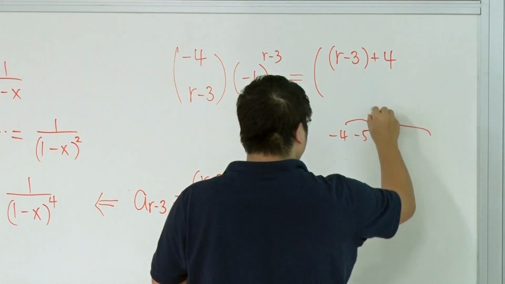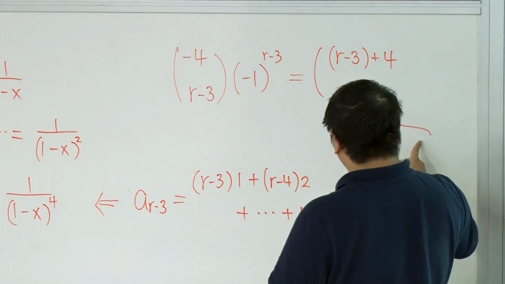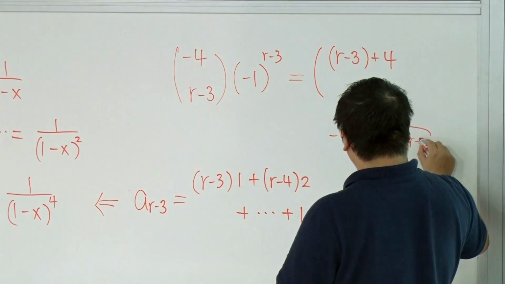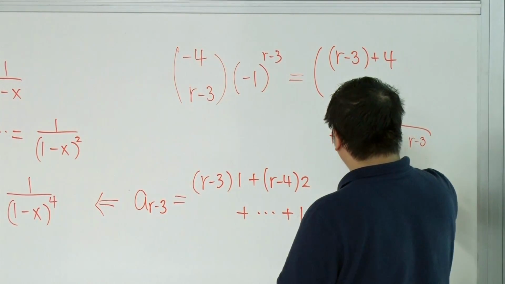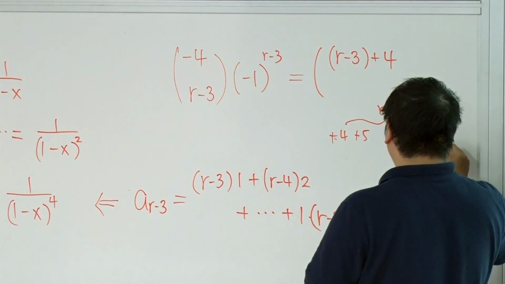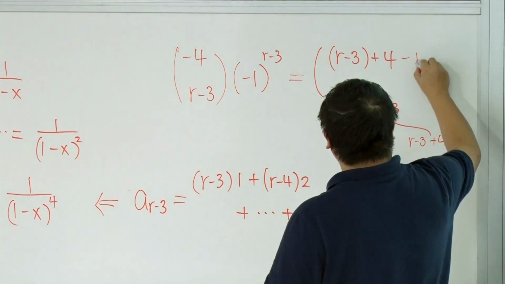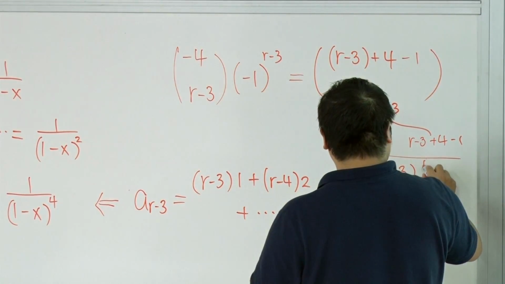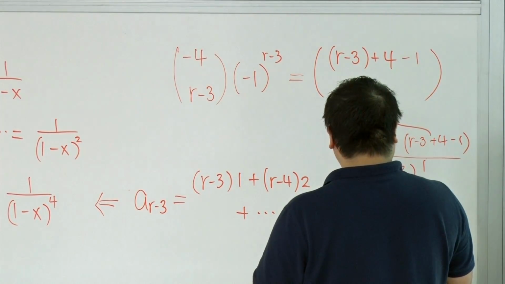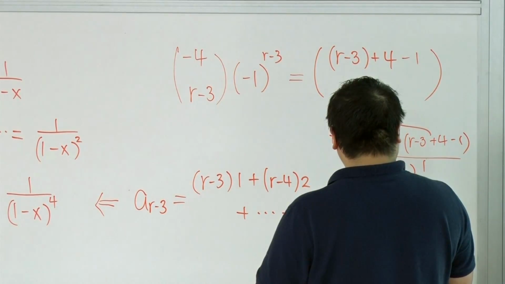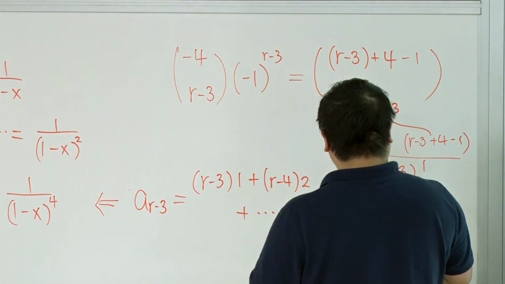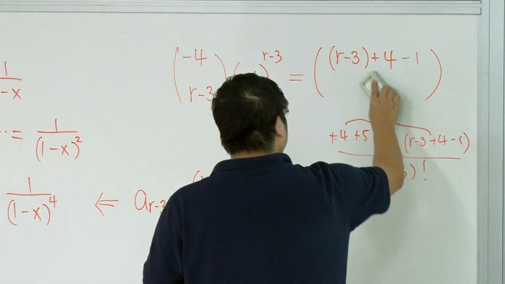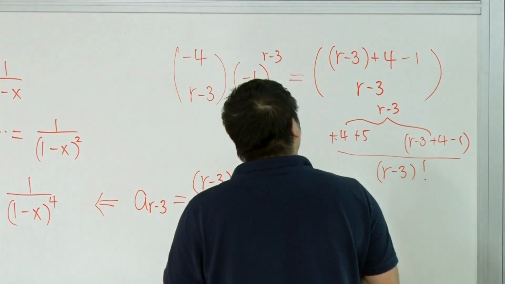Minus 1 minus. Okay, so what is the last term here? Somehow something is wrong. Oh, choose R minus 3. Yes, something is wrong.